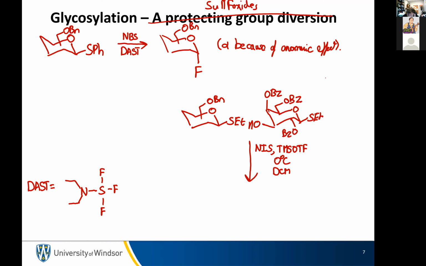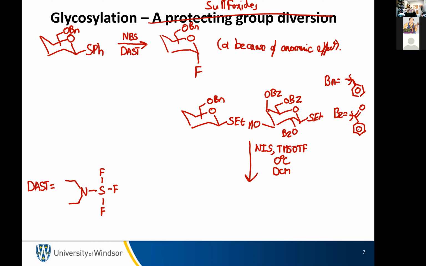If I remember right, we're going to go over this, but benzyl is that. So CH2 phenyl. Benzoyl is very similar, but the CH2 is now a carbonyl, and so benzoyls are esters. They're like acetates, they're C2 participating.